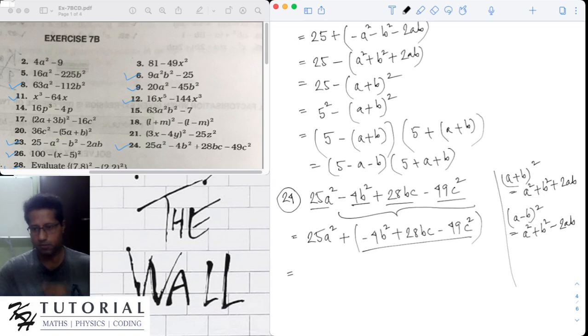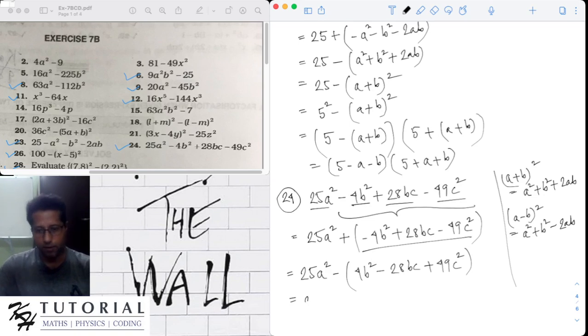So what I will do is, I see in the expression inside the bracket that the square terms are negative, that is, they are minus 4b square and minus 49c square. So let's see if I take out the negative sign as common from the expression inside the bracket. So I get minus 4b square minus 28bc, and I have plus 49c square.